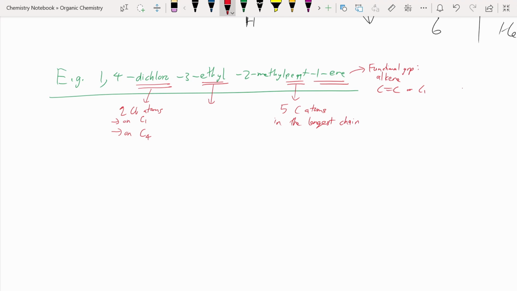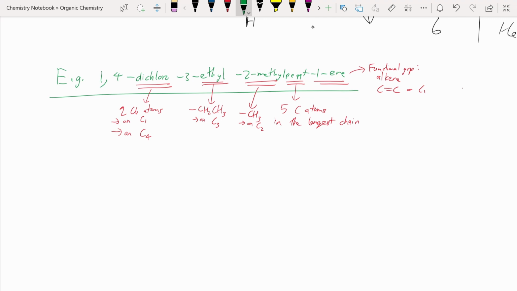Ethyl. So for ethyl, it is CH2CH3. Okay, and it will be on carbon 3. Methyl, it will be CH3, and this will be on carbon 2. Okay, another thing before I draw the structure, remember what I talked about hyphens and commas. So if you were to name an organic compound like this, you should not leave out the commas and hyphens.